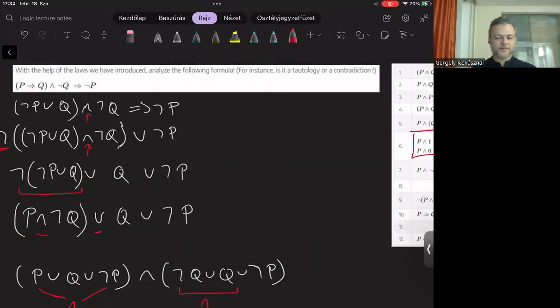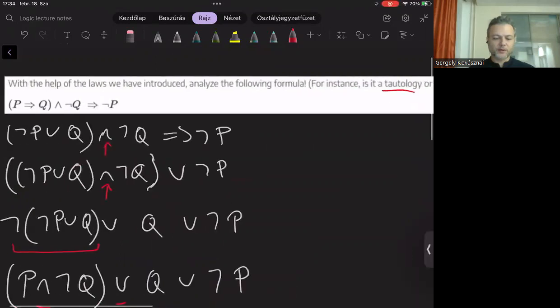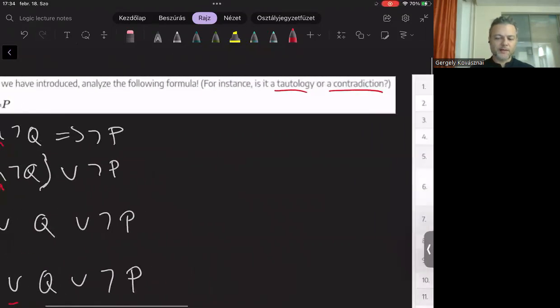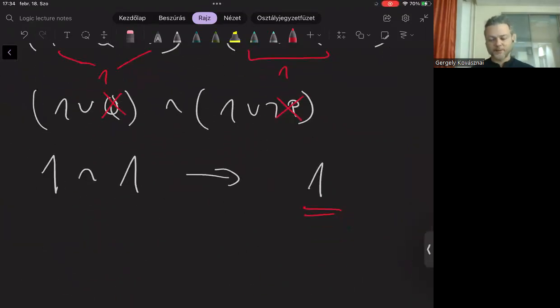And of course, regarding the original question, what have we proved? Is the original formula a tautology or a contradiction? Well, it's a tautology, of course. A tautology means it's always true, and as we can see, it is. Definitely it is.